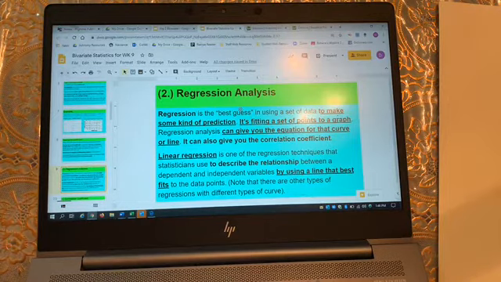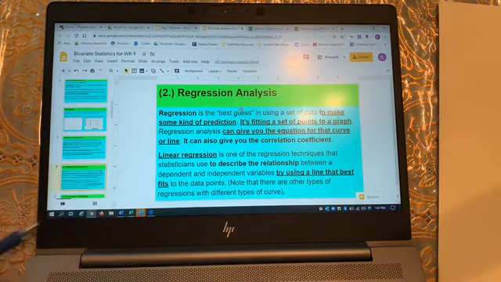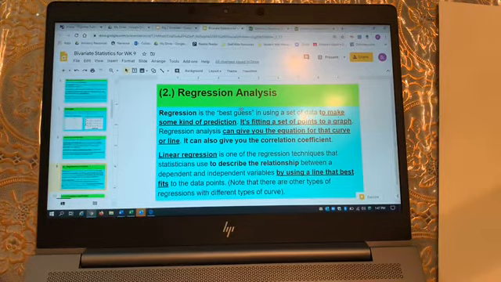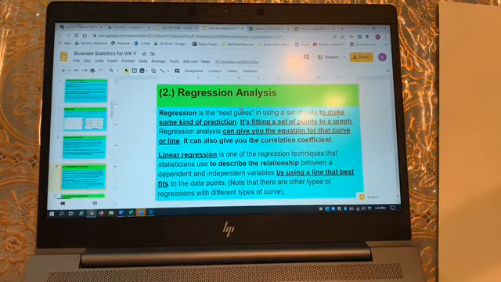There are different types of regressions because there are different types of curves that fit a data set, but when you are taking a line, it is called linear regression. It might be an exponential curve, it might be a logarithmic curve, whichever fits the data you are using. Anyway, we concentrate on linear regression for this course.